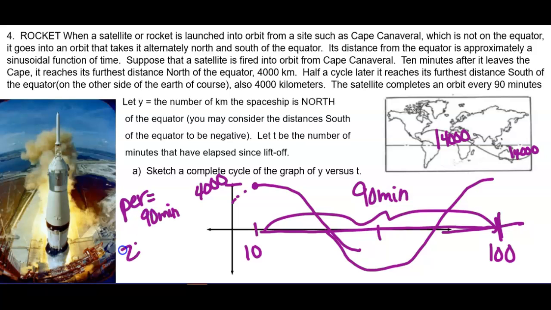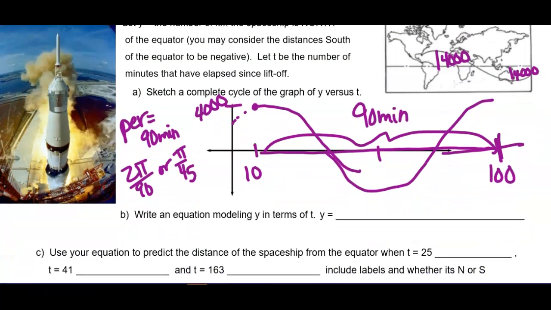So the period is 90 minutes. So you could put 2 pi over 90 into your equation, or you could reduce it to pi over 45. So I'm just going to call this a cosine. We don't need a vertical shift because it went negative 4,000, and the negative just means it was south of the equator. So the amplitude here above and below is 4,000. And we're going to call it a cosine.